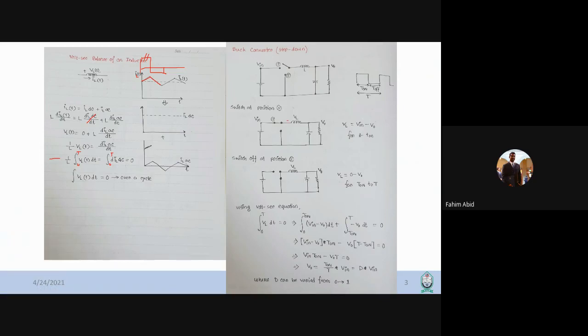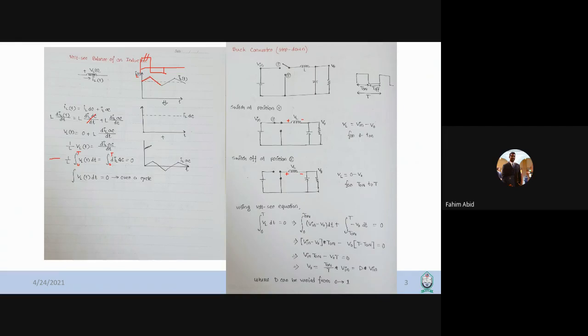And when it is switched off, VL is minus V out. That means it's connected to position number 2.